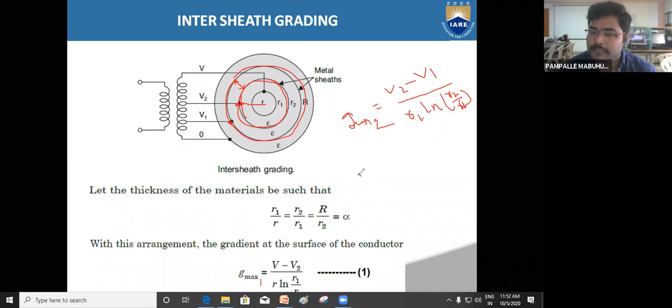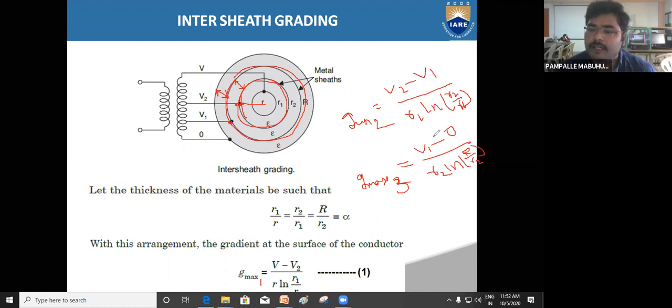In a similar manner, if you write for the third layer, G max 3 will be, so for the third layer, the voltage you have to consider is V1 minus 0. So V1 minus 0 by R2 into ln capital R by R2 you will get.